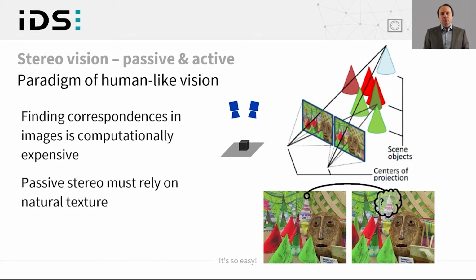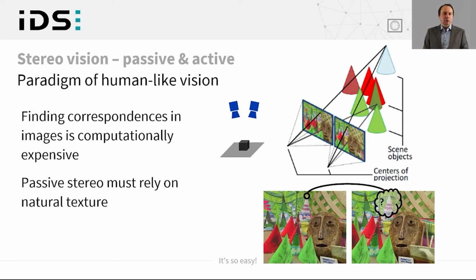What does stereo do? You can see in the upper right-hand side that you take two images, so use two cameras, look at the same scene, and you will get two images that have a slightly different perspective. And now the task in stereo vision is to find the corresponding pixels or find the corresponding objects in the images.